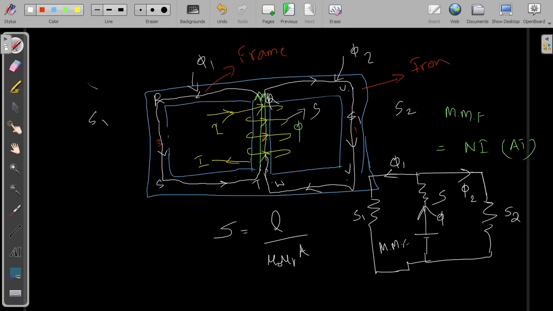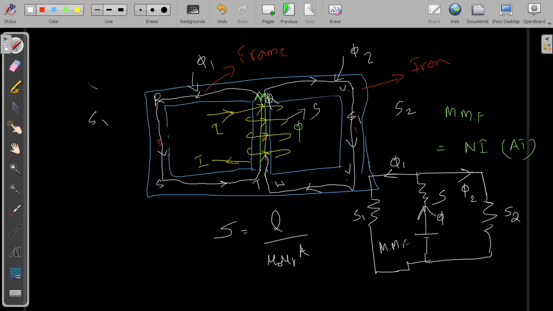If any one or all of the parameters for these two paths is different, then the reluctance offered by the two paths will be different.